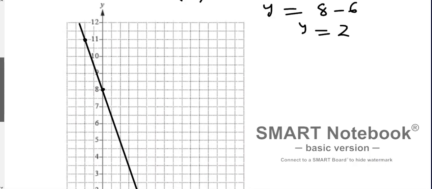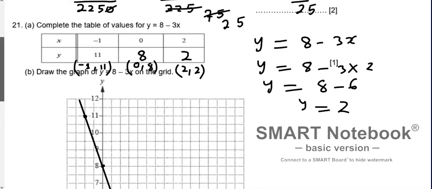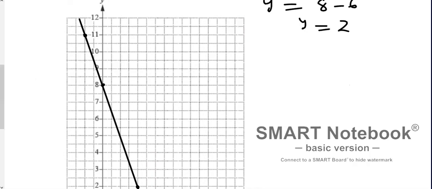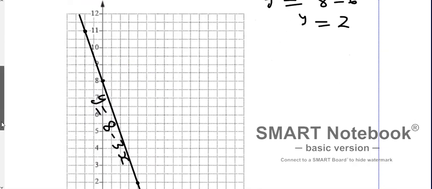Then you label it: y equals 8 minus 3x. Label this line like this. Okay, so that is done.